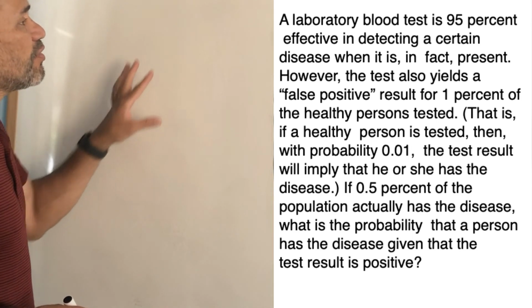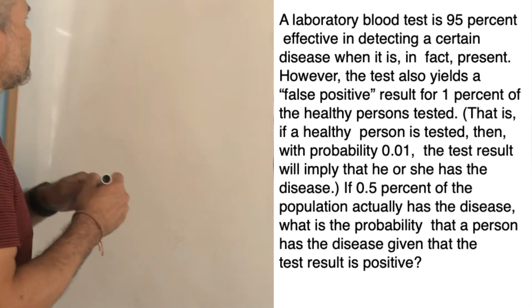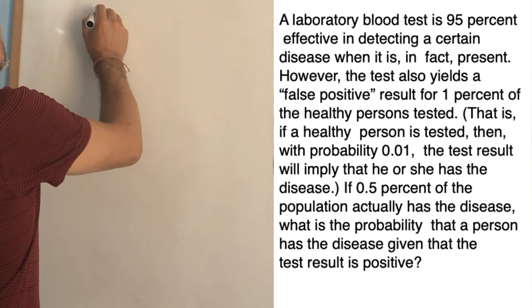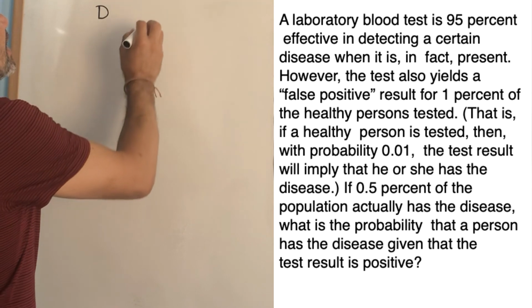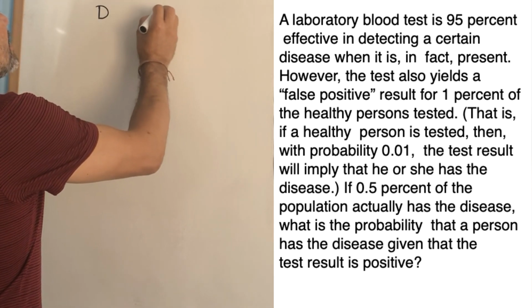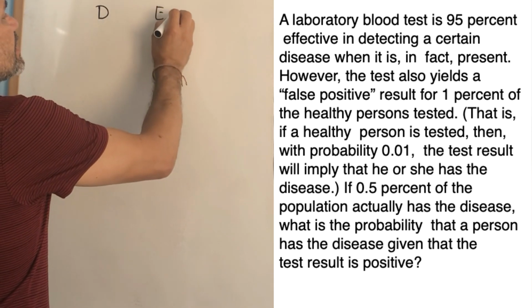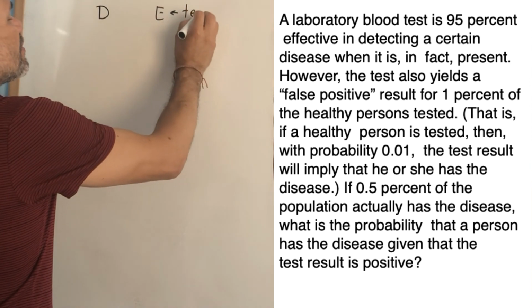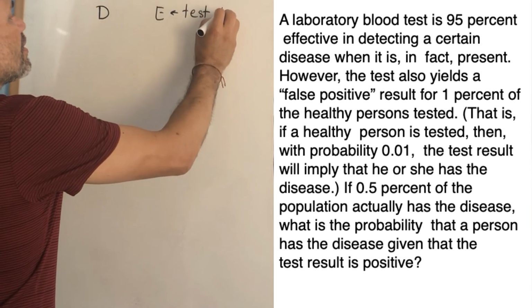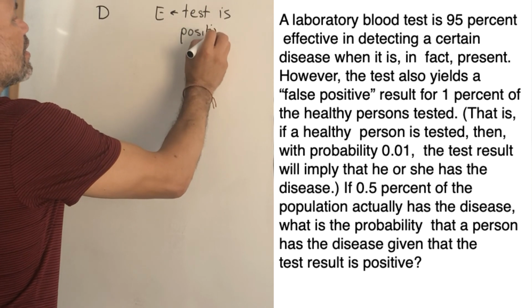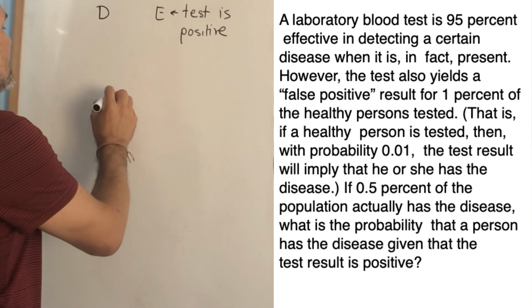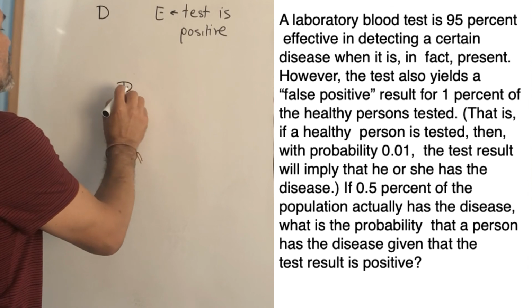Let's finish this video by doing this example on the right. Here, let's denote by D the event that the person has the disease, and let's denote by E the event that the test was positive. Then the space can be divided into two parts.